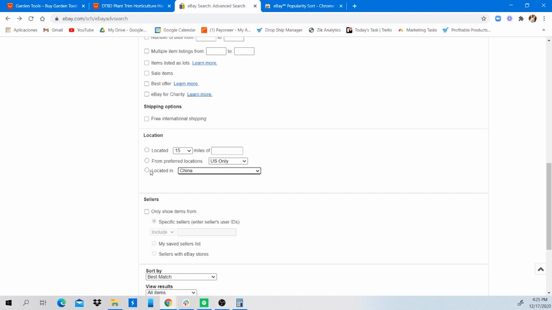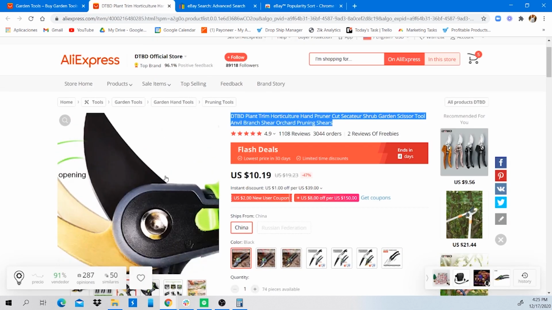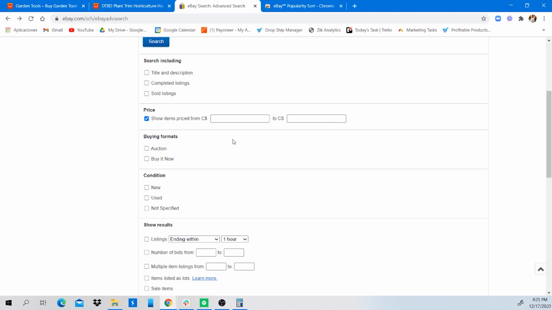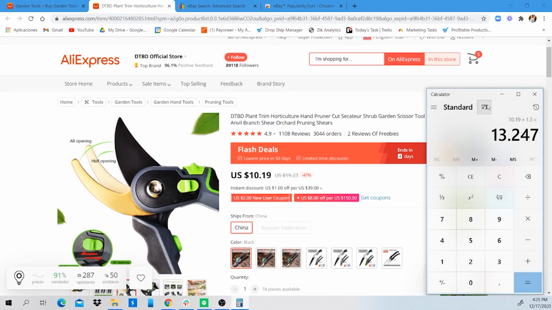So we have China, place that over here, and then it's time for us to put a bare minimum price, and that way we can actually be accurate when it comes to finding the exact same product on eBay, and therefore we can find a dropshipper or at least a potential dropshipper. So what we do is the following. Let's grab our calculators over here, and first of all, there's a thing called 30% markup.